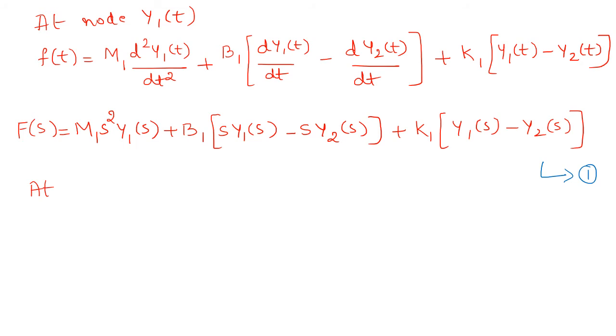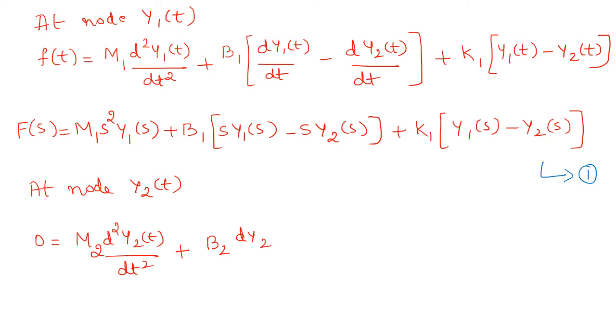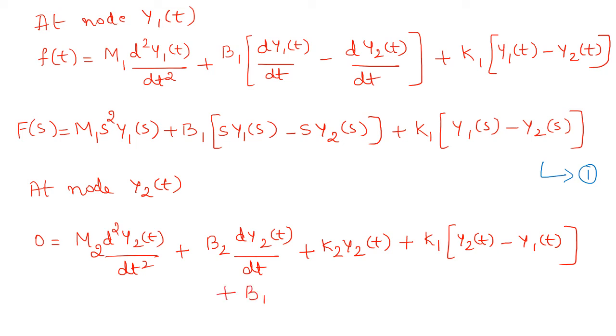Next, we write it at node Y2. So at node Y2, the applied force is 0, which is equal to the opposing forces due to M2: M2 d square Y2 of t by dt square plus B2 dY2 of t by dt plus K2 into Y2 of t plus K1 into Y2 of t minus Y1 of t plus B1 into dY2 of t by dt minus dY1 of t by dt.